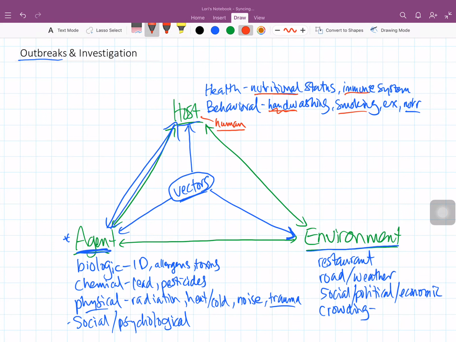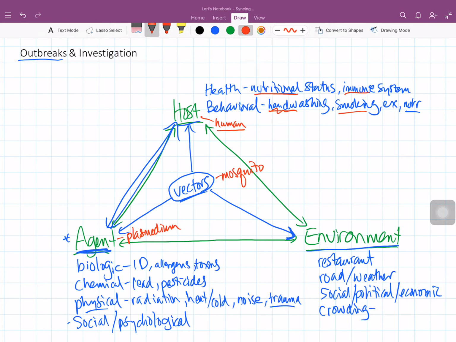The agent is Plasmodium, and it has part of its life cycle inside of the Anopheles mosquito. So it has to be a specific kind of mosquito that typically is the vector for certain kinds of diseases.